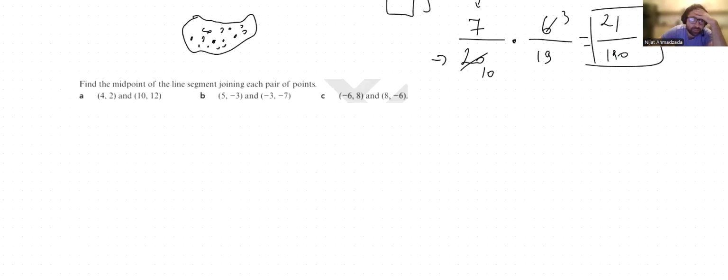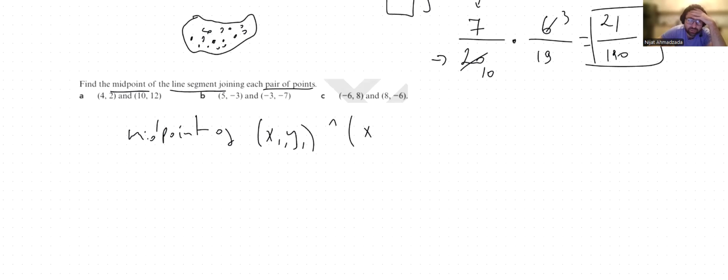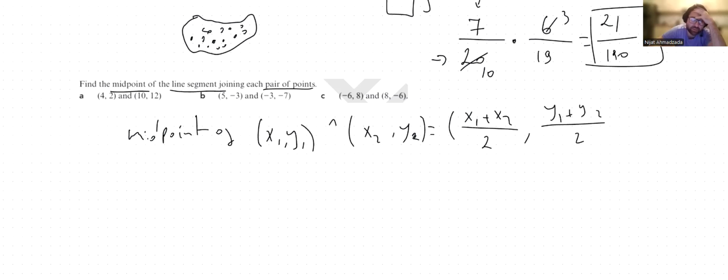And now find the midpoint of the line segment joining each pair of the points. So midpoint of x1, y1, and x2, y2 is always equal to x1 plus x2 over 2. This will be the x side. y1 plus y2 over 2. This will be the y side.